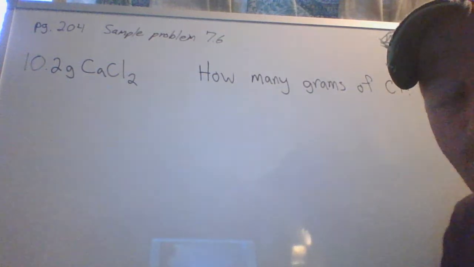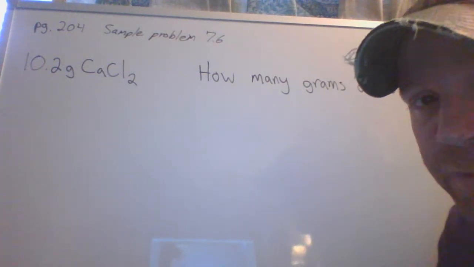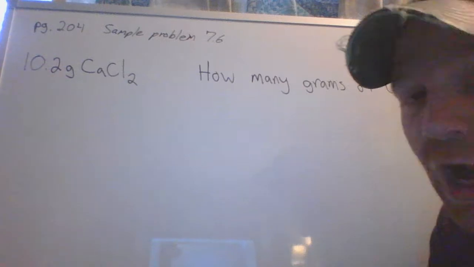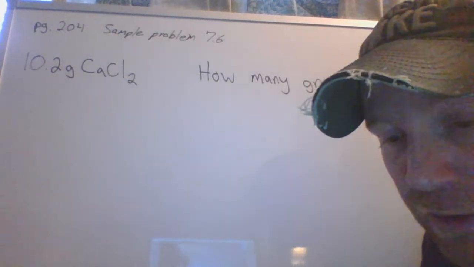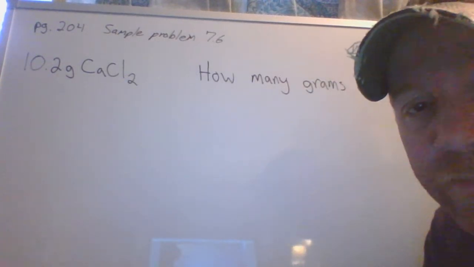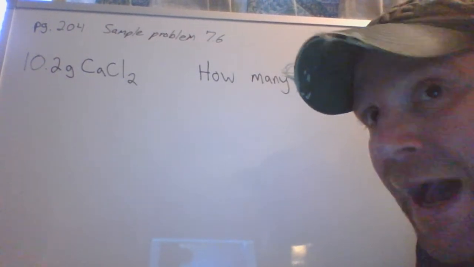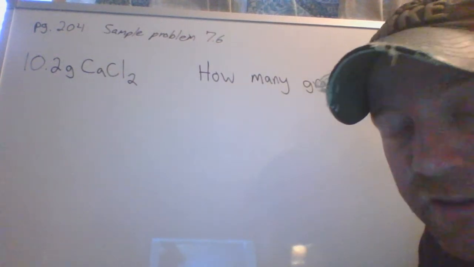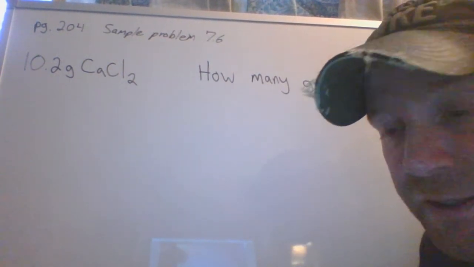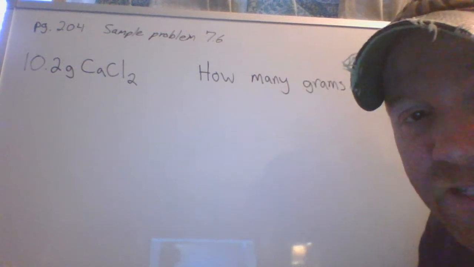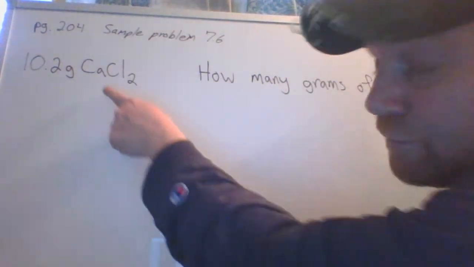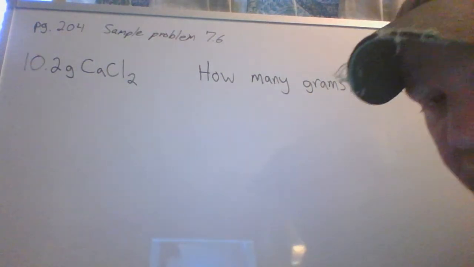Okay, on page 204 of your textbook, this is sample problem 7.6. I did not write out the entire problem. You can refer to your textbook because you should have one at home. It basically talks about hot packs. Hot packs are obviously the opposite of cold packs, where they have inside a plastic bag a certain amount of calcium chloride, CaCl2.